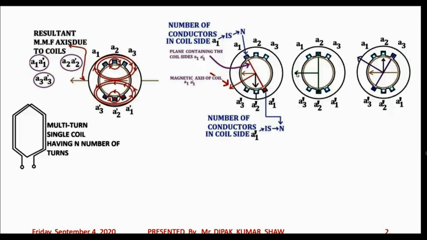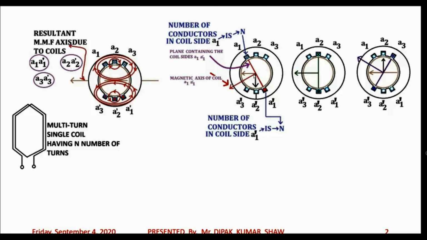Likewise, the magnetic axis or the MMF axis for the coil A3 A3 dash will be like this, which is shown by this blue arrow. So what we find is that the magnetic axes of the three coils, that is A1 A1 dash, A2 A2 dash, and A3 A3 dash, are separated in space. They are not aligned.